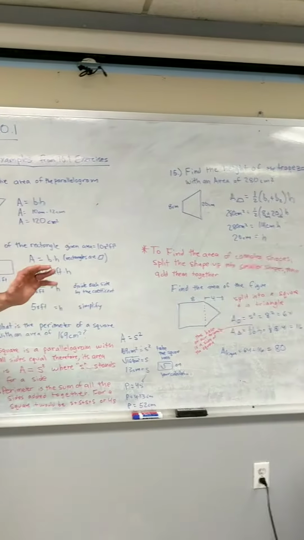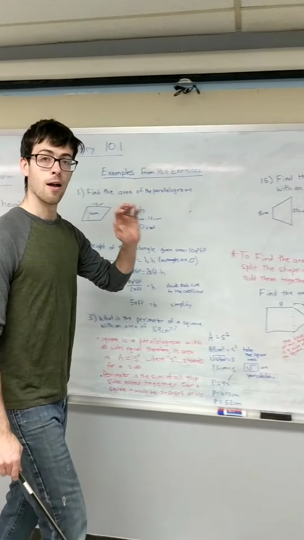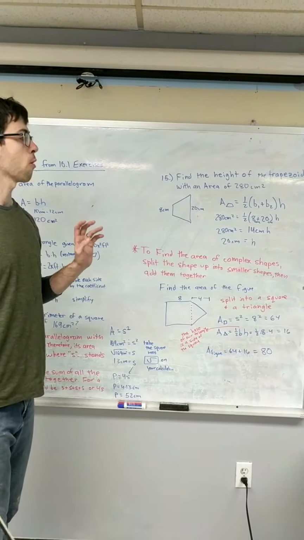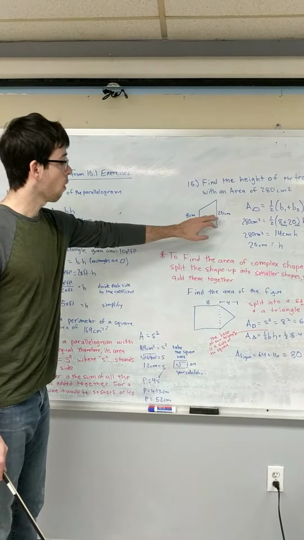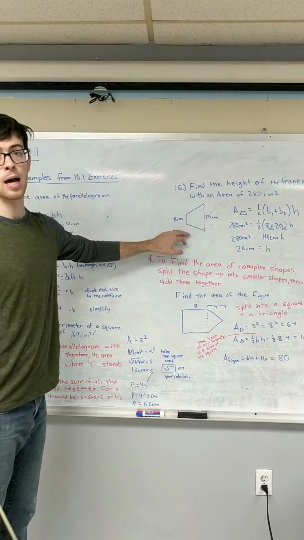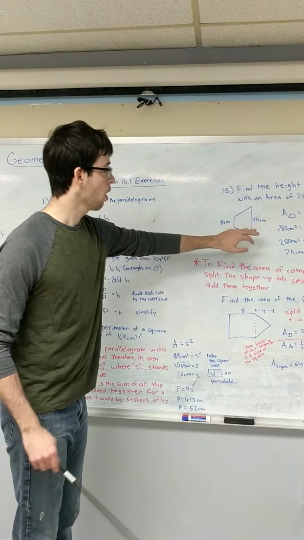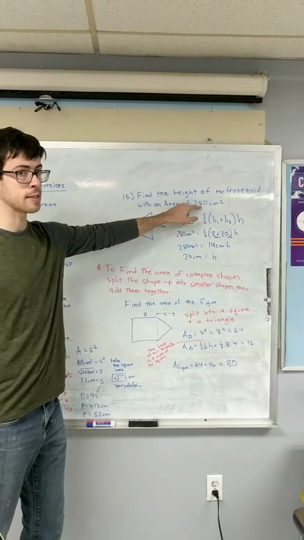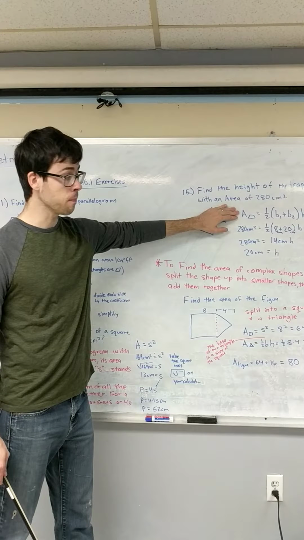I wanted to go over a trapezoid because it looks the scariest of all those formulas. Don't panic, there's just one more variable. Okay? Right here, our bases are the two parallel sides of the trapezoid. Here they are 8 and 20. Our area is 280 centimeters squared. We start with writing our formula.